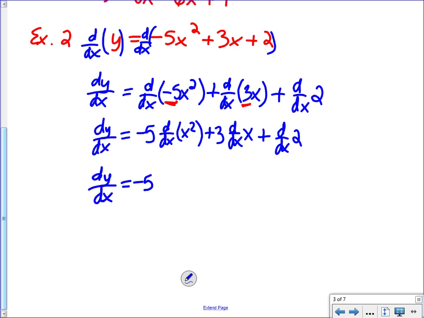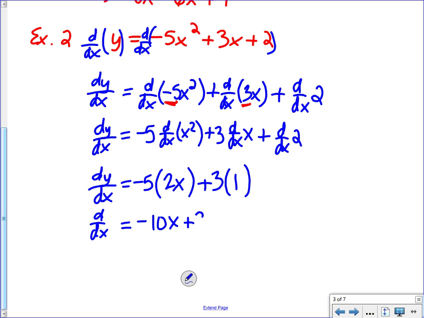So we'll end up with -5 times, apply your power rule to the x squared, and you get 2x plus 3 times the derivative of x is just 1. And then the derivative of 2, which is a constant, is 0. Okay, so then we can just multiply, and we're going to get -10x plus 3.